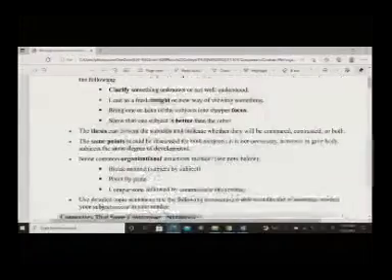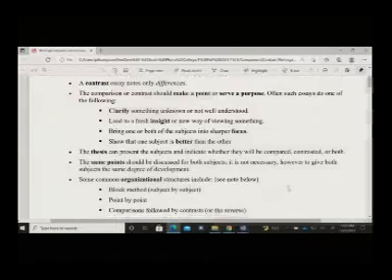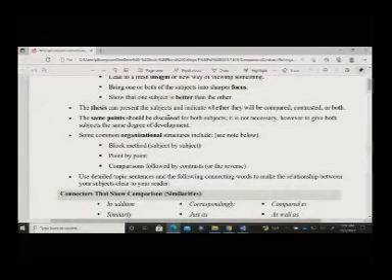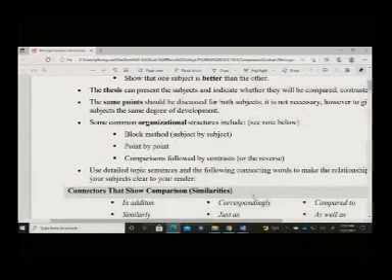All right, so we're not even going to worry about the first page. But if you look at the first page, it tells you, and again, this is one you got a hard copy of, okay? It says in here, they talk about some common organizational patterns or structures below. It's the block method or point by point. Hold on, let me hit draw since I figured out how to do it on this.